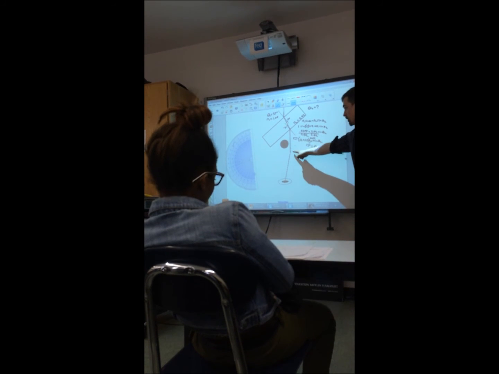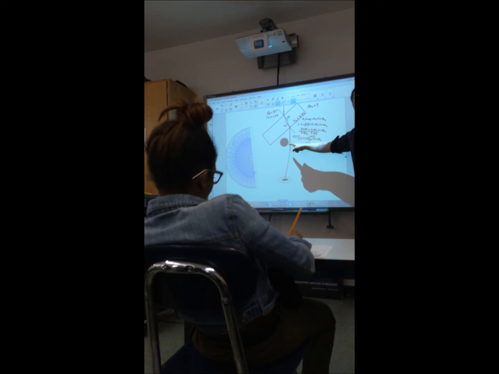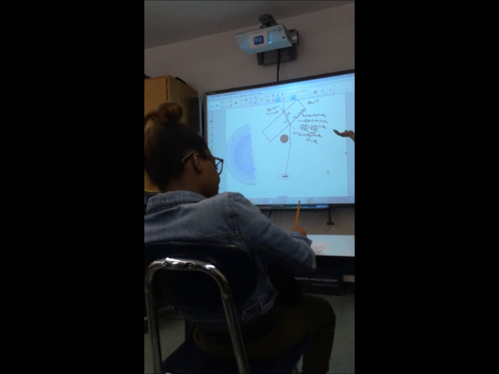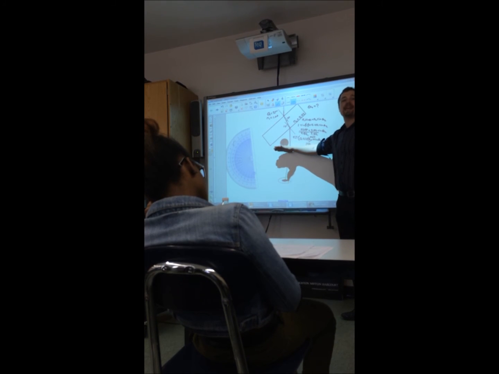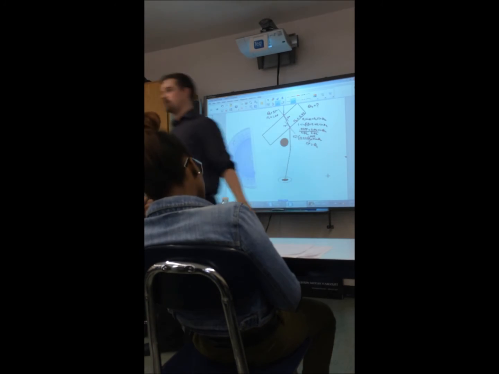So if I want a mirror to be right there, essentially what the mirror is going to do is split the angle in half, because we want the same angle going in as the angle that's leaving. I'll show how that works in just a second.